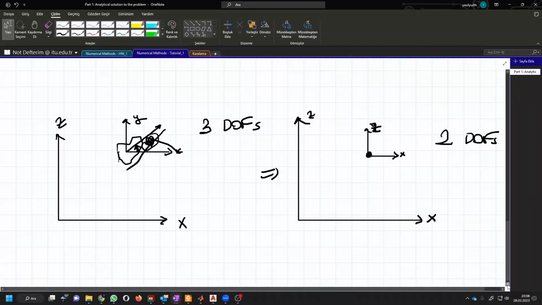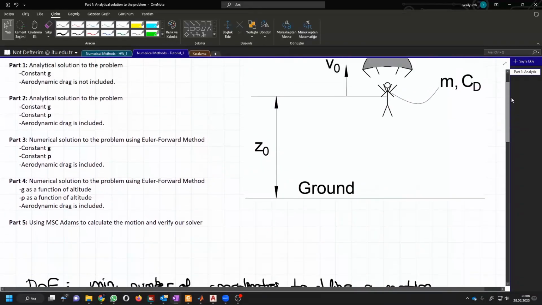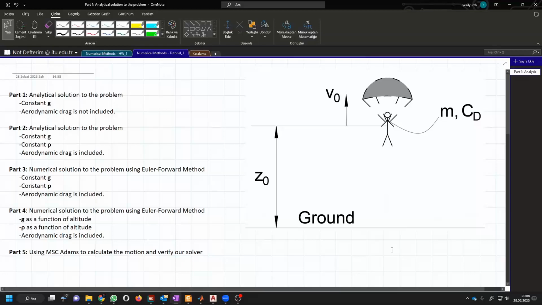If you look at our particular problem again here, we do not consider the side wind effects, or we do not consider any type of side force in, let's say, x direction.